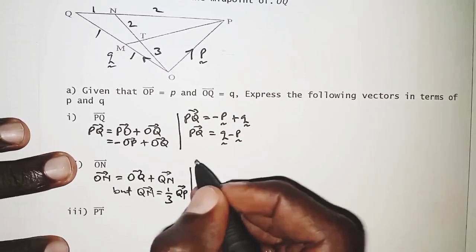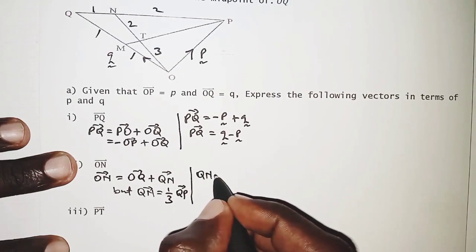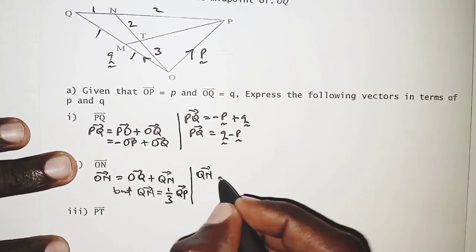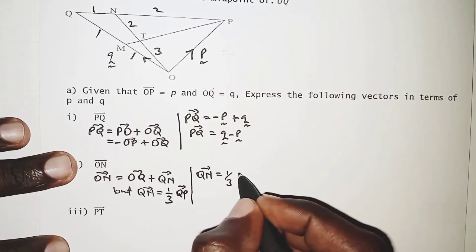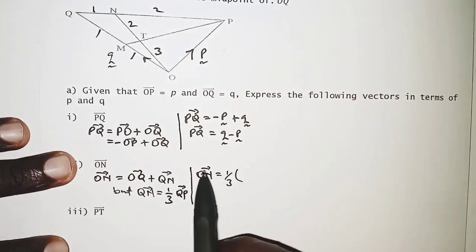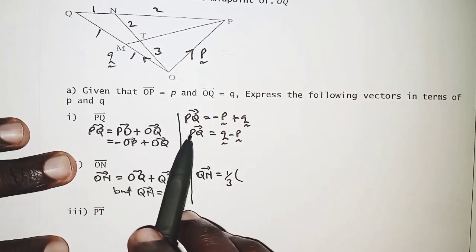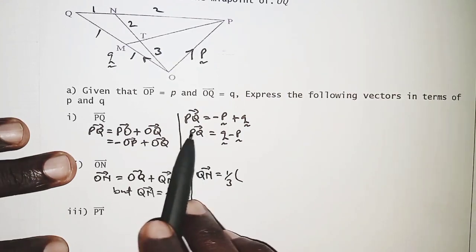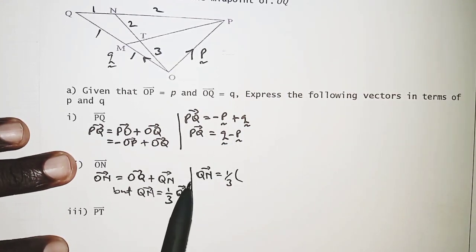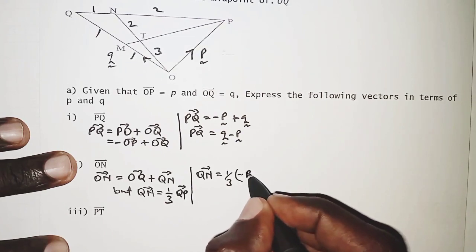That simply means QN is equal to a third of, remember, QP is against the direction of PQ. QP and PQ are in opposite directions. So if you're moving from Q to P, then that is simply the negative of PQ.